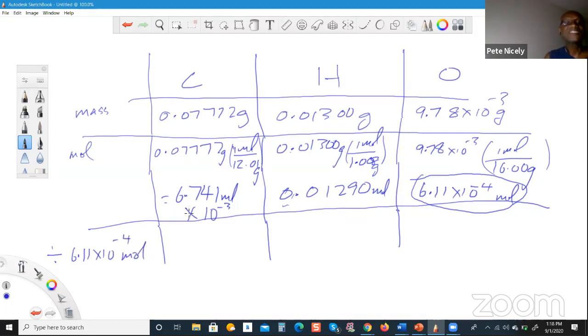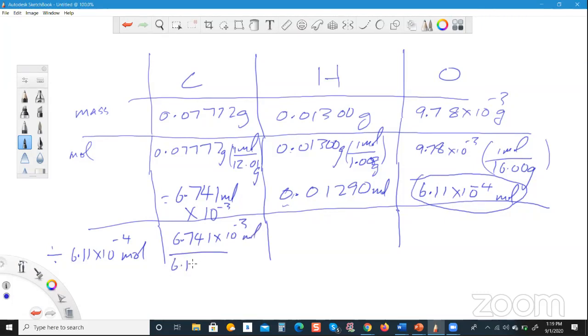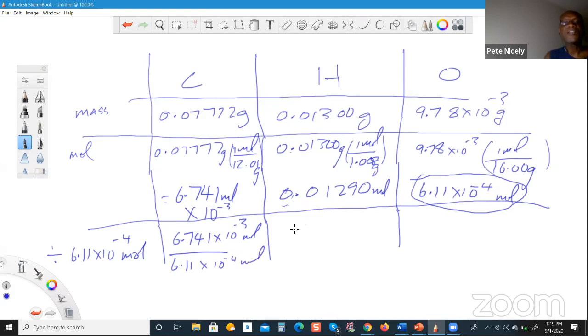So in this case, we're going to divide 6.741 times 10 to the minus 3 moles by 6.11 times 10 to the minus 4 moles. Here we're going to divide 0.01290 moles by 6.11 times 10 to the minus 4 moles. And this would, of course, be equal to 1 when divided by itself.